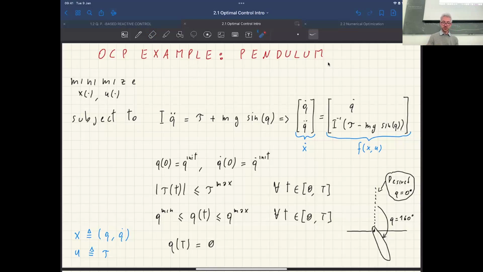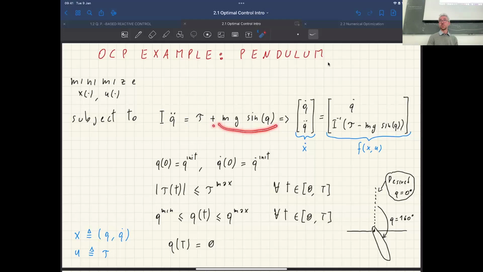Let's start from the constraints. The first constraint is always the system dynamics. In the case of the pendulum, the system dynamics is nonlinear, and it looks like that. We have the inertia of the body about the rotation axis of the joint, I, times the acceleration, q double dot. It's equal to the joint torque plus gravity.